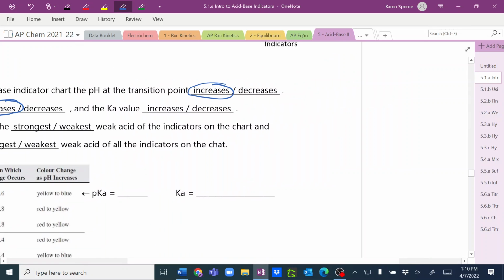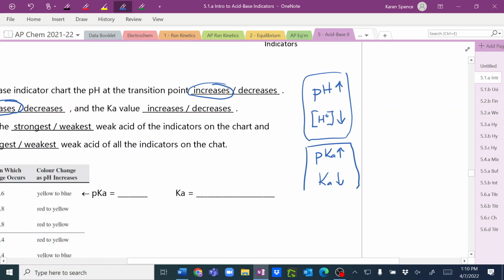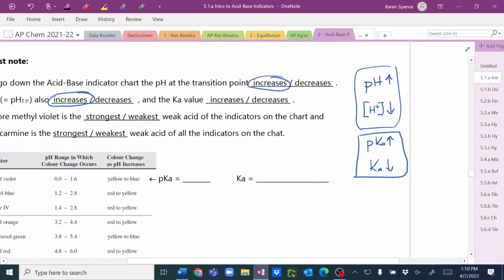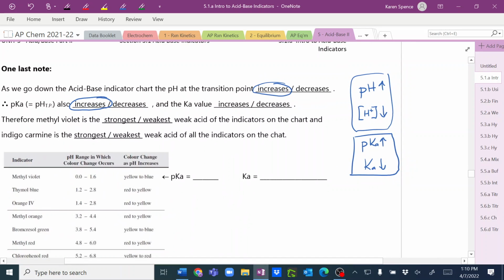It works like pH. As pH goes up, what happens to concentration of hydrogen? It decreases, right? So that means that as pKa goes up, the Ka goes down. Okay, so because our pH is increasing, our pKa is increasing, that means our Ka value is decreasing.